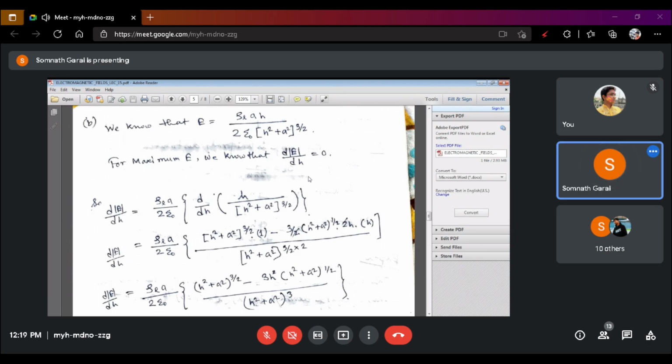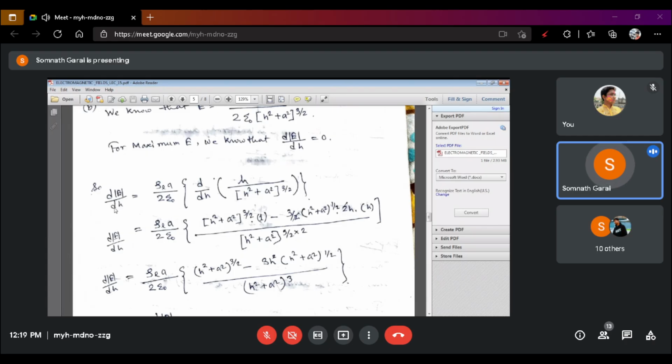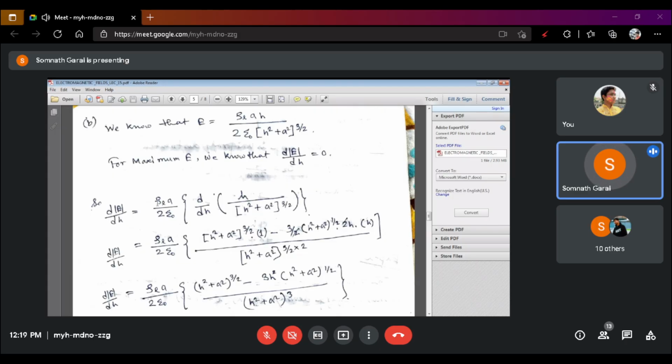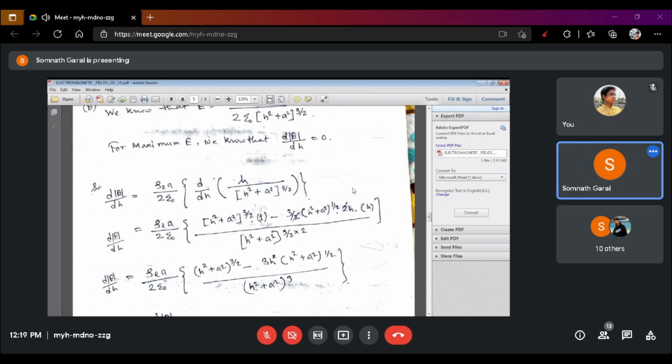So dE by dH is equal to epsilon rho L A by 2 epsilon, that is constant, times d by dH of H by (H square plus A square) to the power 3 by 2. Now we apply the UV rule in the differentiation format.